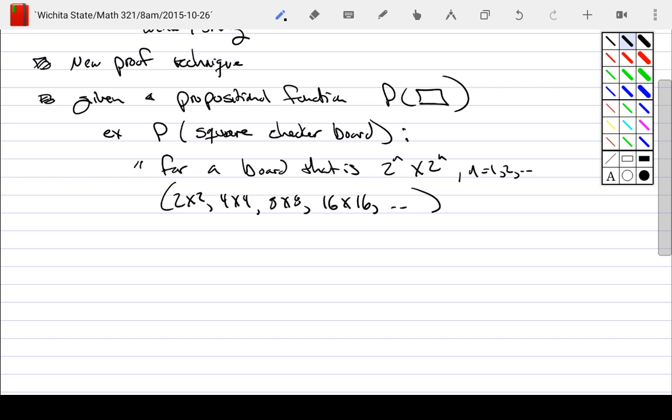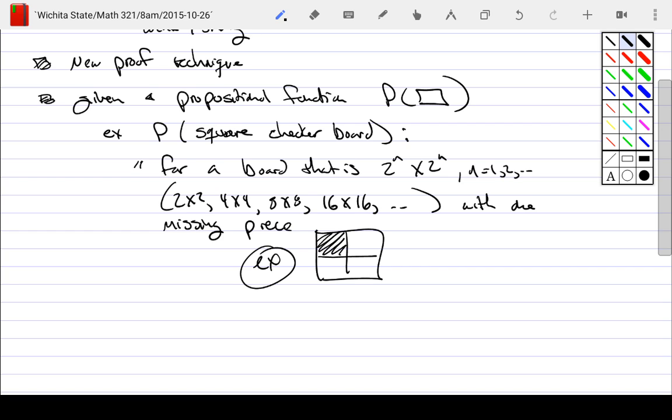A power of 2 board, with one missing piece. Something like this. I have a board that's one part's been pulled out of it. And that would be a 2 by 2 with one piece missing.